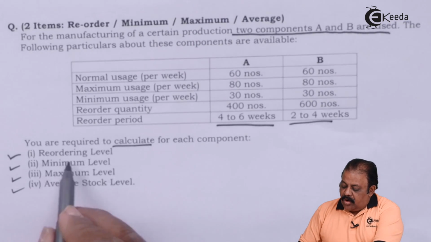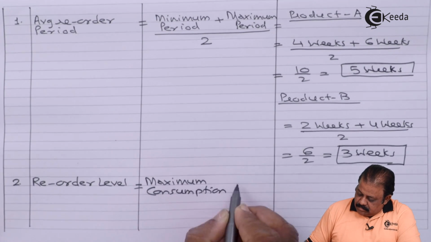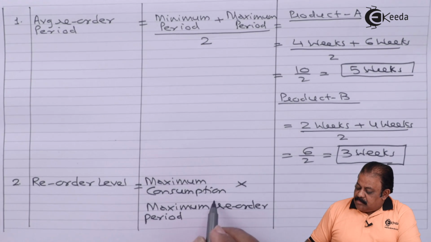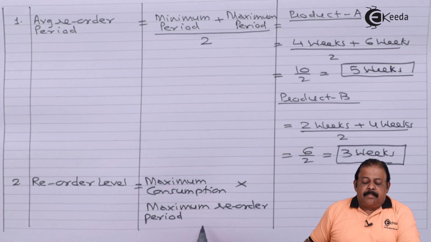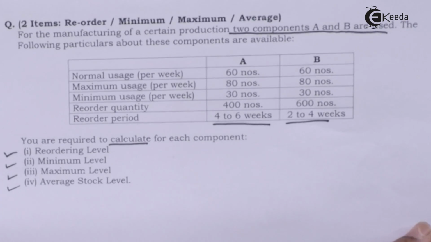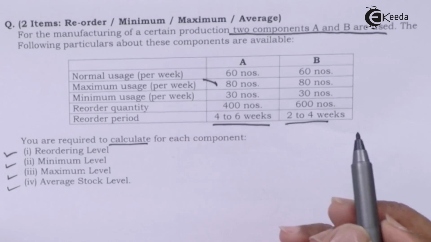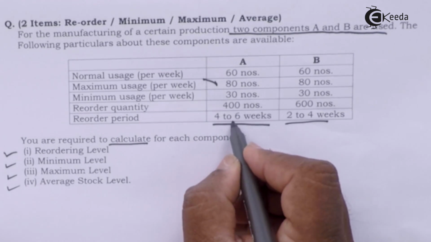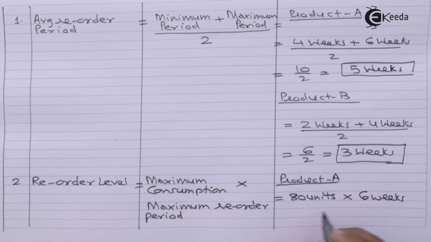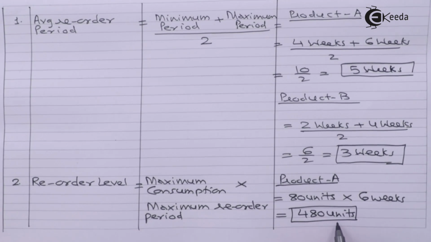Next we'll find out reordering level. Formula is maximum consumption multiplied by maximum reorder period. In case of product A, maximum consumption is 80 units and maximum reorder period is 6 weeks, so it will be 480 units.